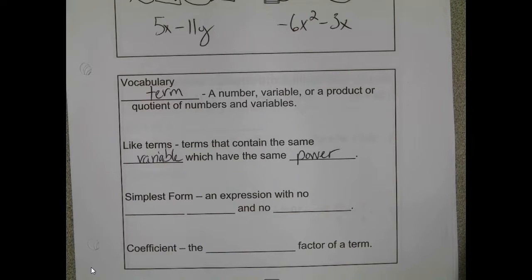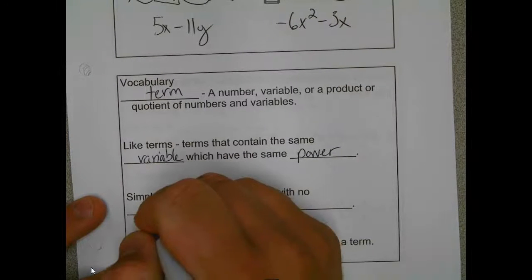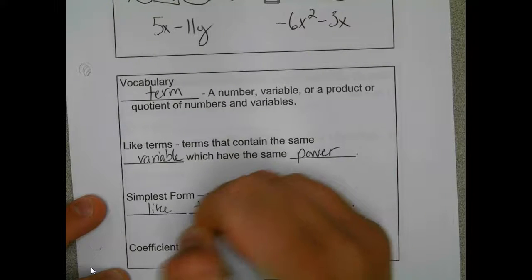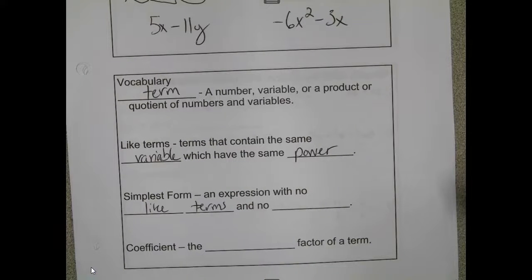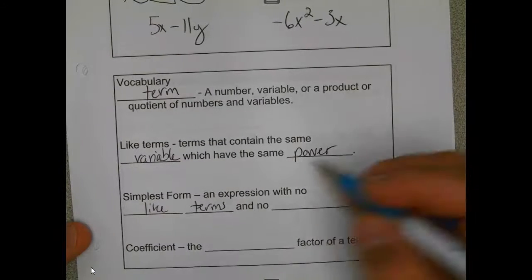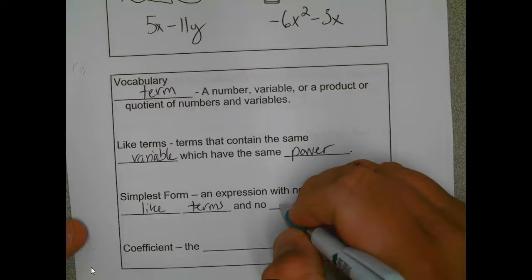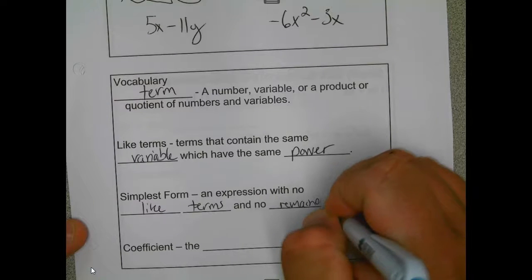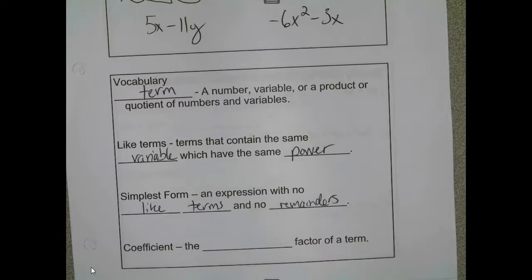A simplest form is an expression with no like terms and nothing else left over, so no remainders. It's just going to have a number at the end. You're going to put them all together.